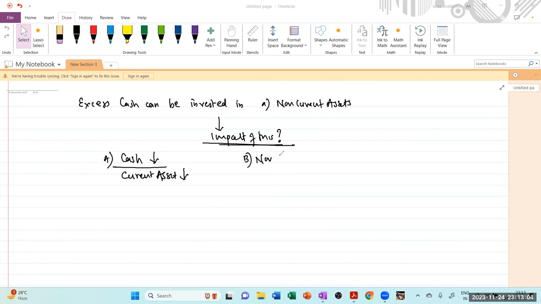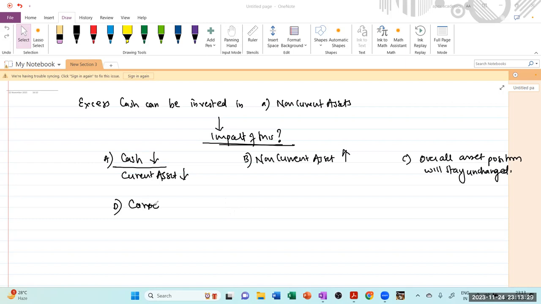Point number B, non-current assets will increase. Point number C, overall asset position will stay unchanged. And point number D, your current ratio will decrease.